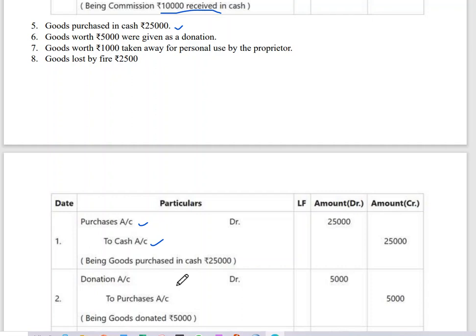So here you have to understand that donation is a form of expense or loss. When expenses or loss are increasing in a business, that should be debited, and purchases here are reducing. Purchases is again an expense, but whatever goods we already had, that we gave in the form of donation, there we have to credit the amount.